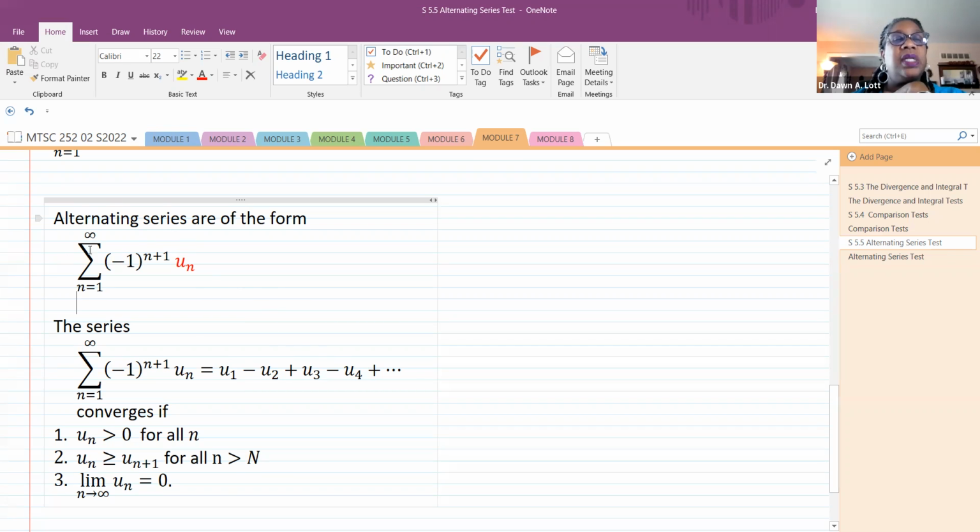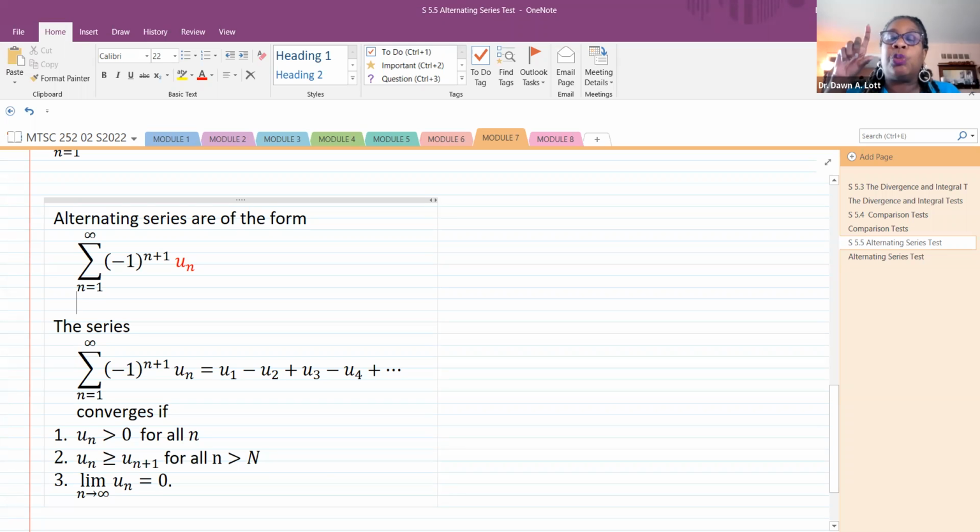Okay, so the alternating series test says this series will converge if the following 3 statements are true. The first statement is the UN must be positive for all the n. The second statement is the UN has to be bigger than UN plus 1.